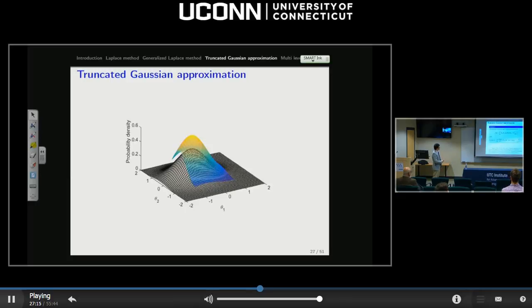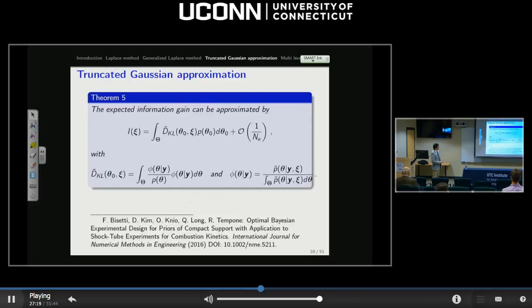In this case, a good thing to do is using a truncated Gaussian. And this approach is very simple. You compute the Gaussian which is used to approximate the truncated Gaussian, you sample from the Gaussian, and you just reject the samples outside the domain. Right? It's very fast.